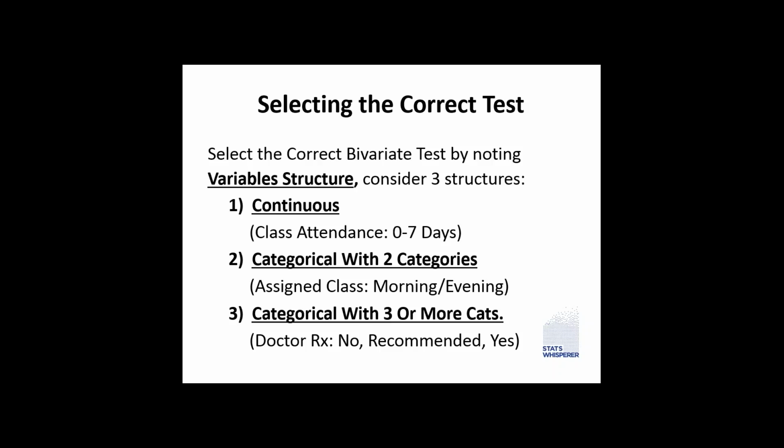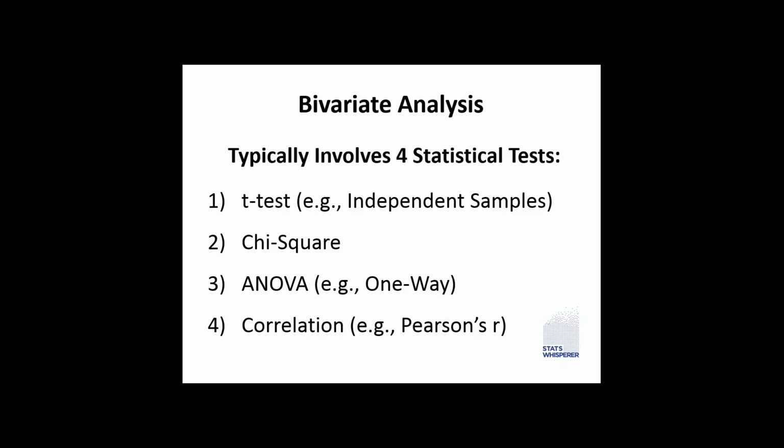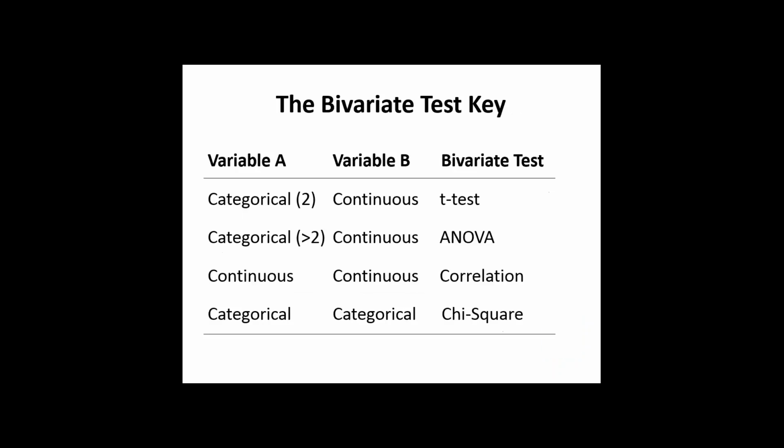Higher number means more days, right? 2, categorical with 2 categories, like the variable class assignment, morning or evening. And 3, categorical with 3 or more categories, like doctor prescription: no, recommended, and yes. Okay? Okay, stick with me now. So we're going to consider 4 tests: t-test, chi-square, ANOVA, and correlation. Right? We're going to consider 4 bivariate tests here to test these relationships.